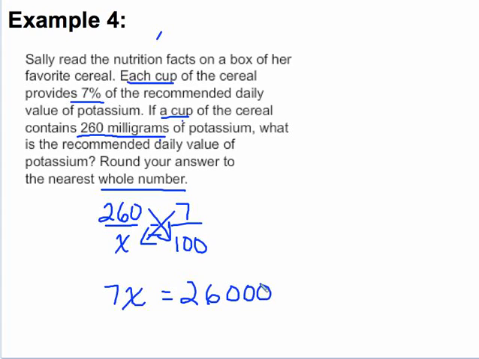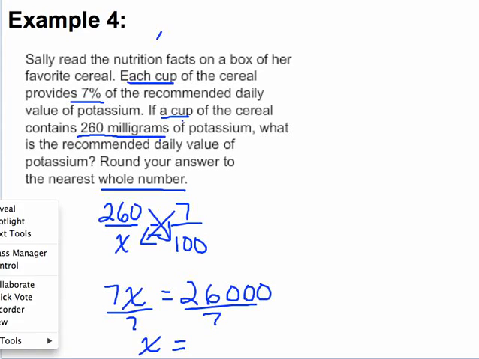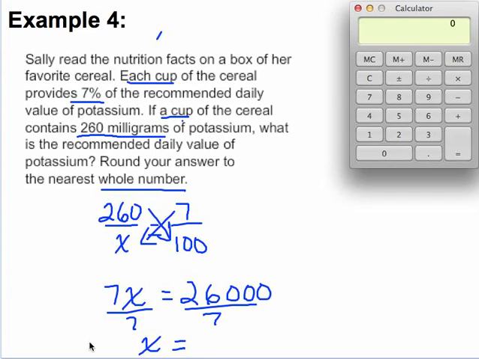I'm going to isolate my variable, divide by 7 on each side, and I will have x is equal to, now I'm going to do this on the calculator just so that you can see what decimal I get and how I round it to the nearest whole number.